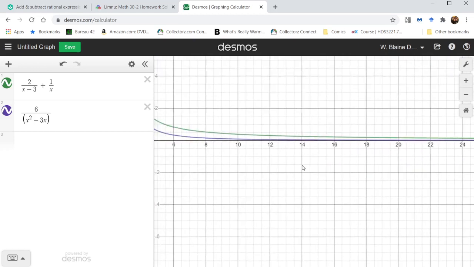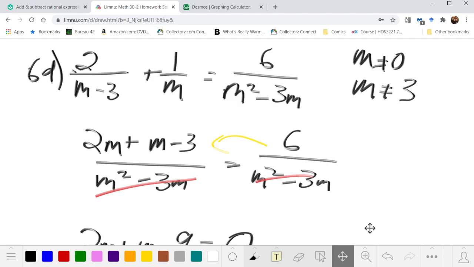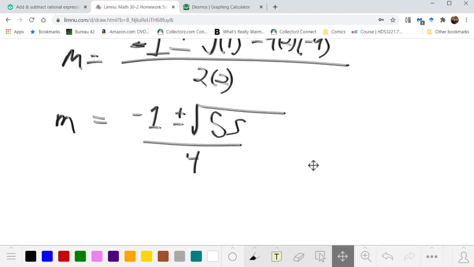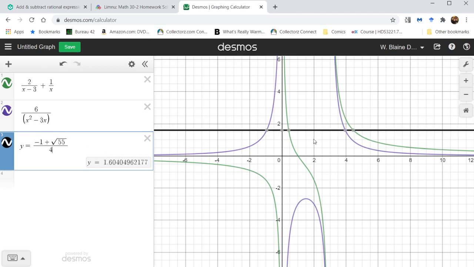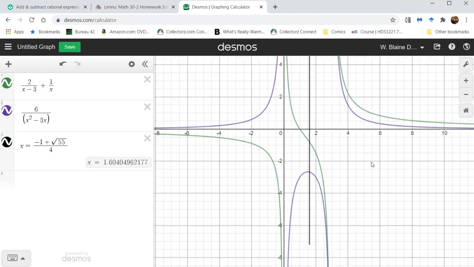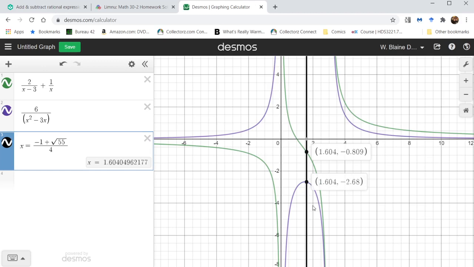And now our roots. So what values do we have here? Negative 1 plus or minus root 55 over 4. So we can have y equals negative 1 plus the square root of 55 over 4. Oh, right, we don't want y equals, we want x equals. So it appears we made a mistake in our algebra somewhere, as these do not actually intersect at this point.